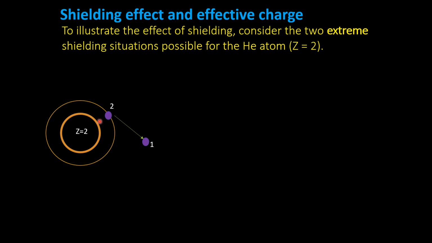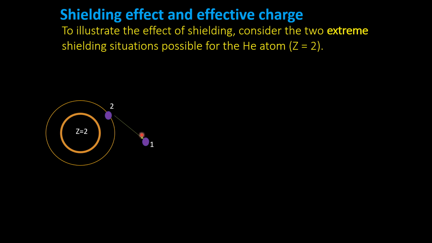Here we consider electron 2 as an electron that totally shields or protects the nucleus from electron 1 everywhere. So the negative charge of electron 2 is completely cancelled out by the positive charge of the nucleus.